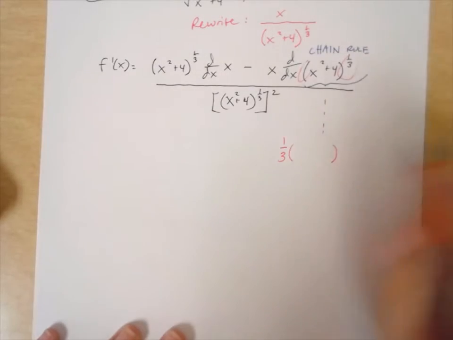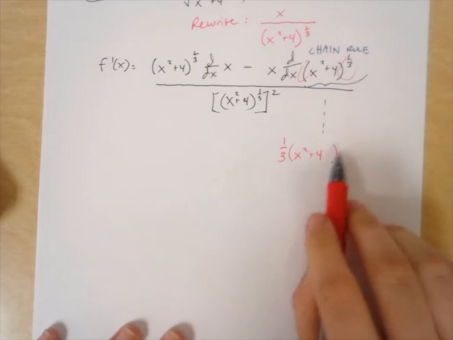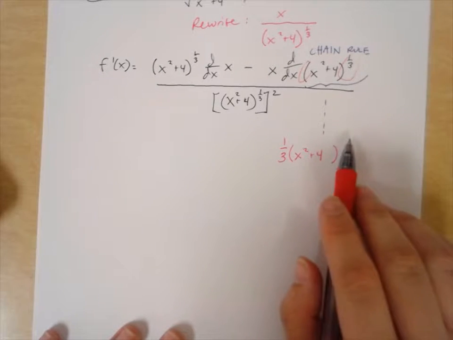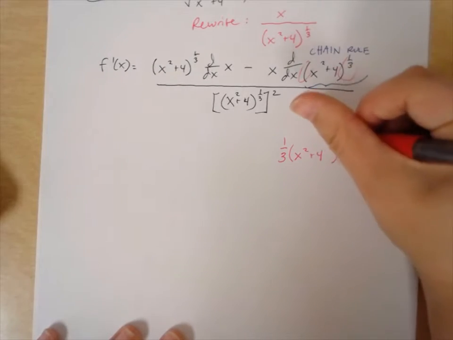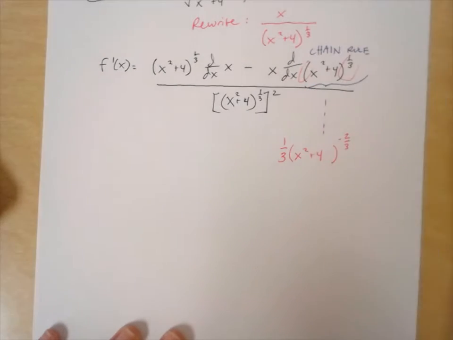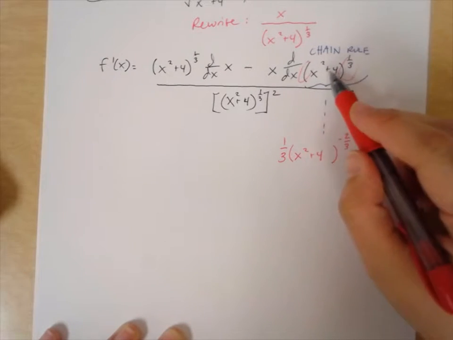The inside does not change at all. I still have x squared plus 4. And now using the power rule, I would have to the power of 1/3 minus 1, which would be a negative 2/3. And then I multiply still by the derivative of what's inside.